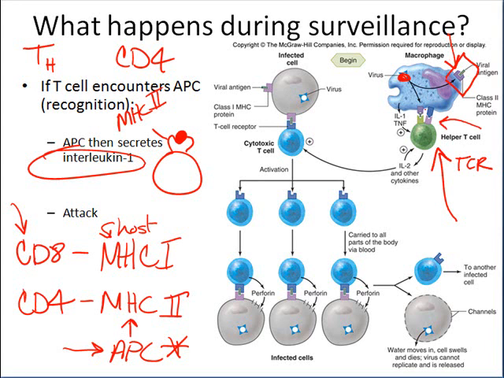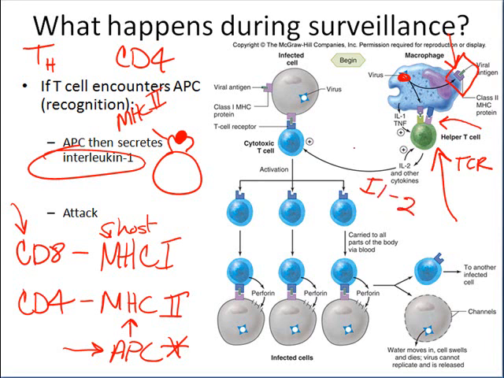When that happens, that helper T cell begins to secrete the kinds of chemicals that are necessary to confirm to the CD8 cells that an infection really is happening. So once the helper T cell has confirmed with the antigen presenting cell, oh yep, you were right, you found the infection, and I hear from the CD8 cells they found an infected cell, I'm going to start secreting interleukin 2.